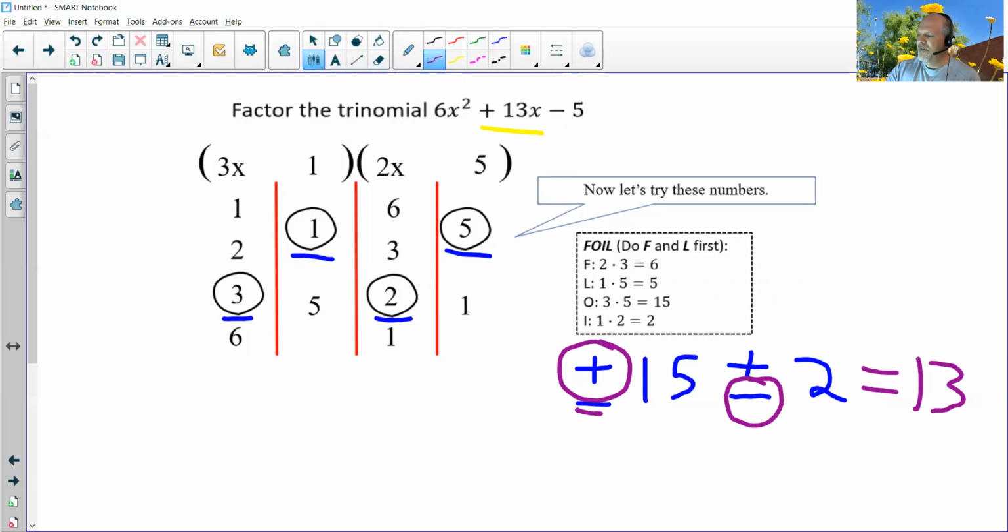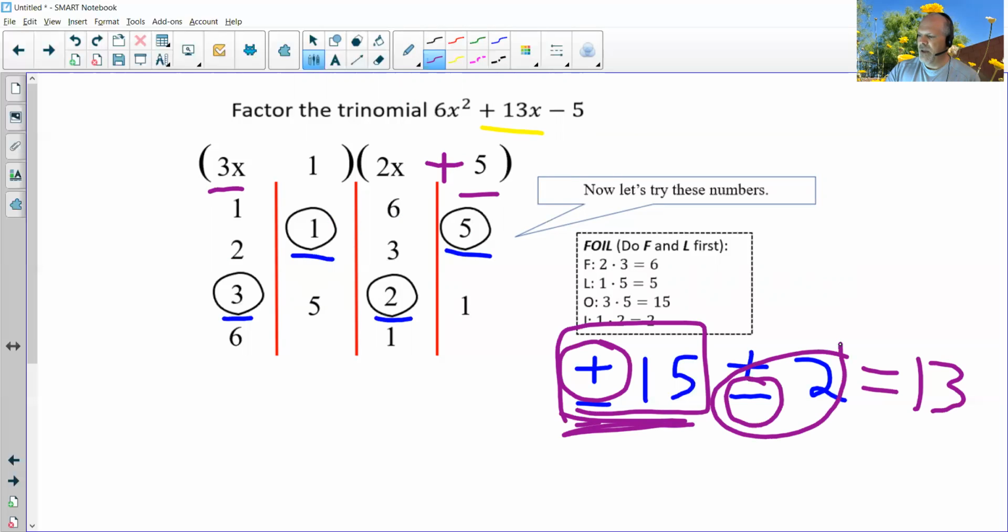If I want my 15 to be positive, then that would mean I have to put a plus here, because that would give me positive 5 times positive 3, which is positive 15. If I want negative 2, then that means I need 2 times 1 to be negative, so I would put my minus here and get negative 1 times positive 2, which is negative 2.